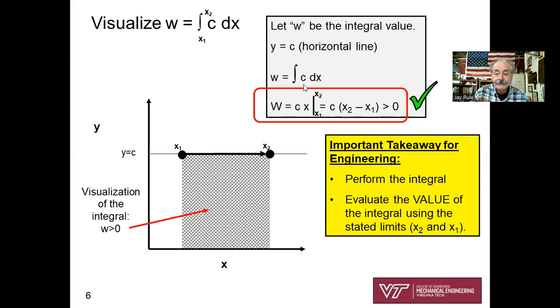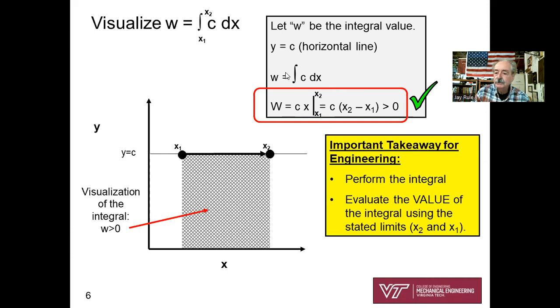One thing I didn't do well, oh, I see what I missed on my slide. This x1 and x2 needs to also be shown up here on my integral. Sorry about that. But now let's perform the integral. Well, I can pull a constant out of the integral, so all I have to do is integrate the integral of dx.